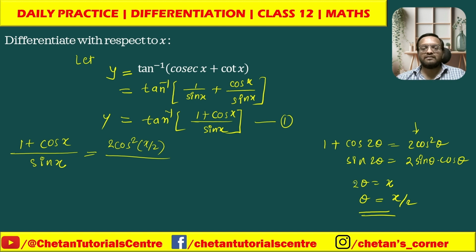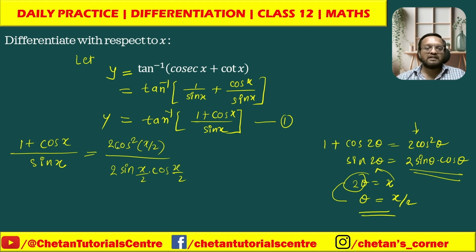Now instead of 2 theta put x and instead of theta put x by 2. Then whatever the value of the RHS we get after substituting these values, that will be the expanded form of this sin x, which is equal to 2 sin x by 2 into cos x by 2.